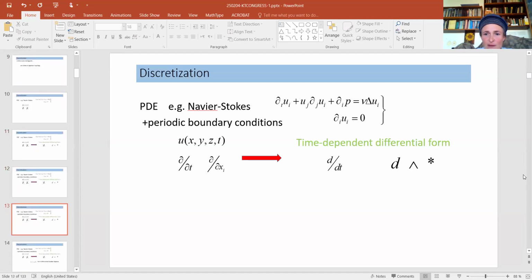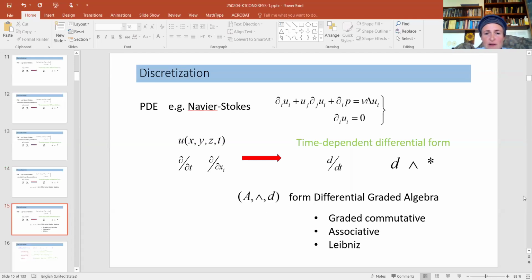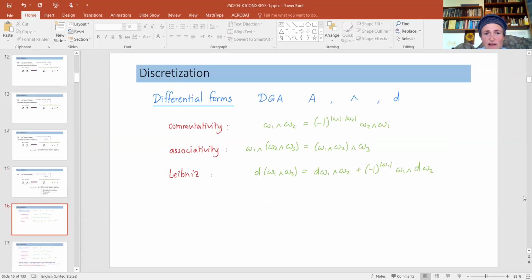And now the properties of associativity, graded commutativity, and Leibniz tell you that we have a differential graded algebra here. So that's all very nice, only that in order to do numerical work, you need something finite dimensional, and the space of differential forms is not going to be finite dimensional. So we need some sort of an approximation.